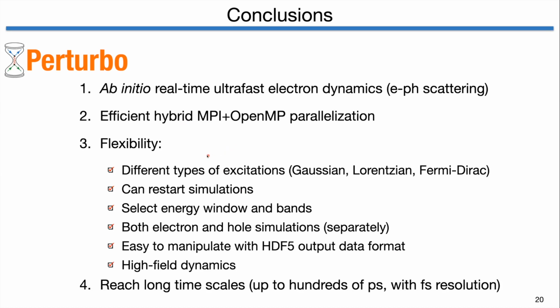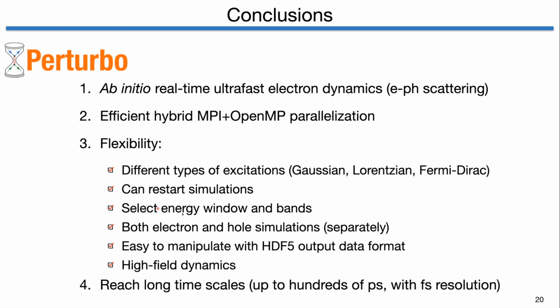Running the ultrafast dynamics calculations is flexible, so one can have different types of excitation. I was showing the Gaussian excitation in silicon. Similarly, you can have the Lorentzian excitation, Fermi-Dirac, and using this flexible framework, when you can write down your occupations and read them with Python, you can basically restart your calculation with anything you want.